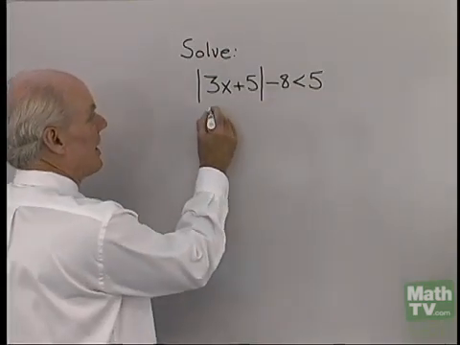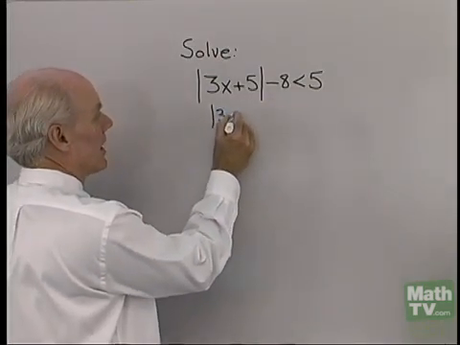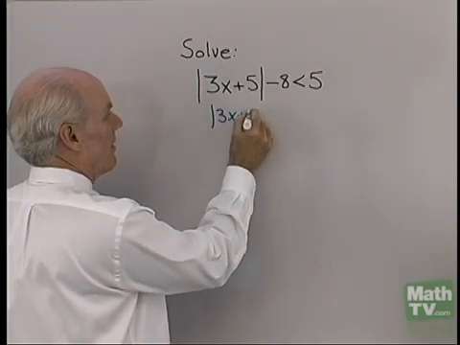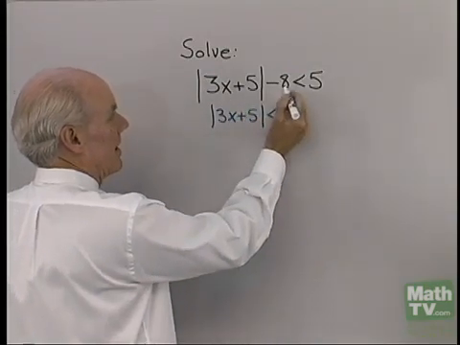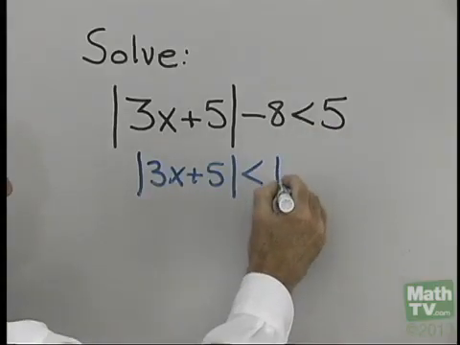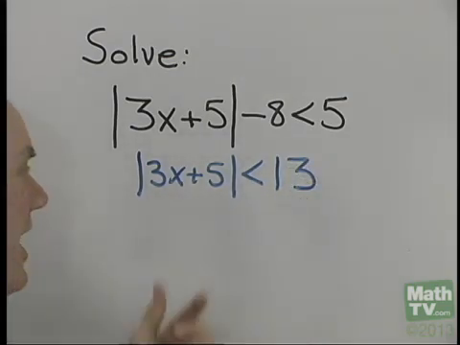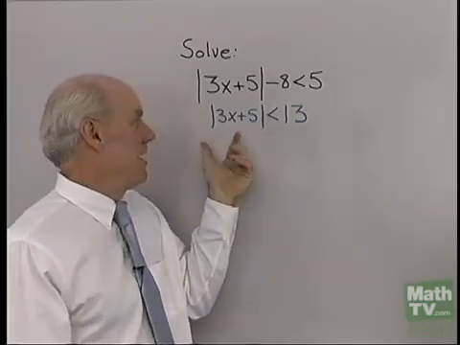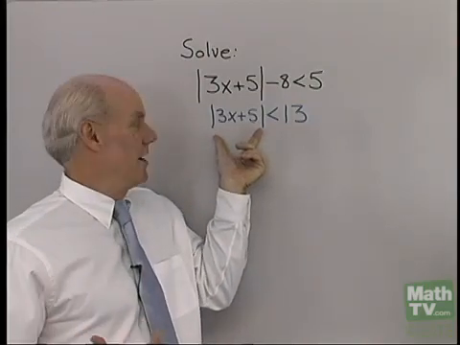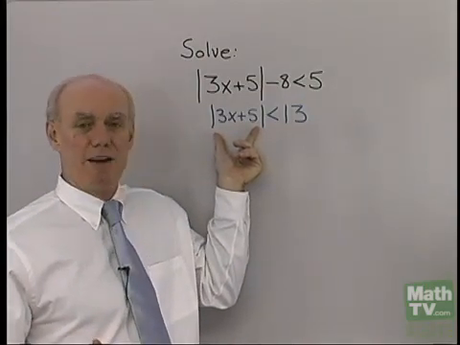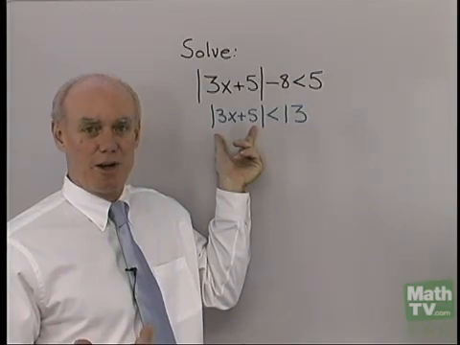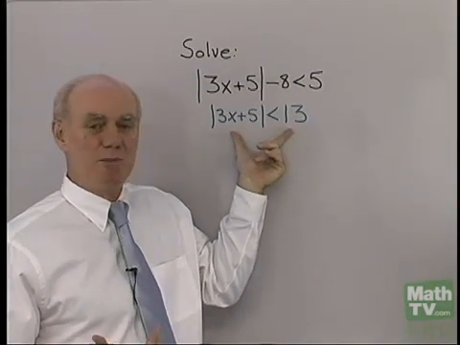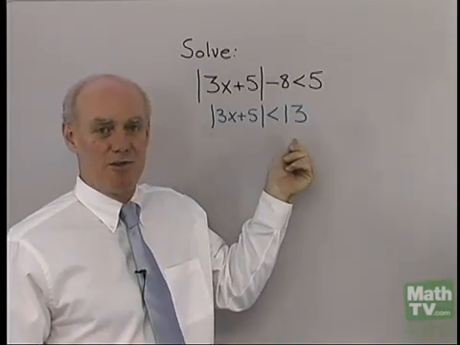So when I do that, I have the absolute value of 3x plus 5 is less than 8 plus 5, which is going to be 13. So now the absolute value of 3x plus 5 is less than 13. Okay, I reason it out this way. The absolute value of 3x plus 5 is its distance from 0 on the number line. What this expression tells me is that that's less than 13 units.